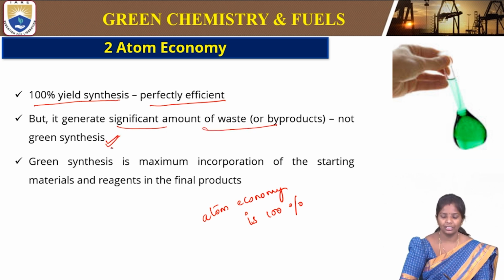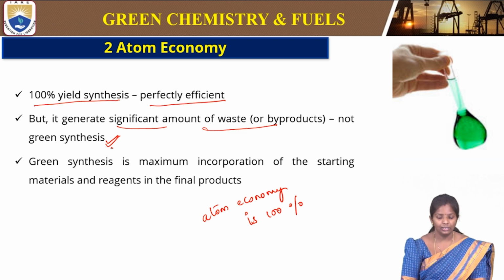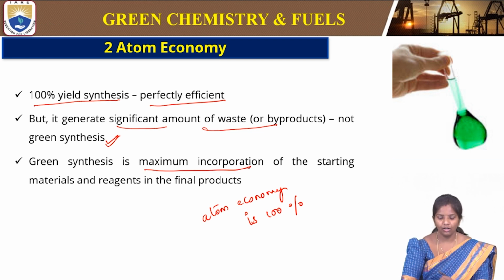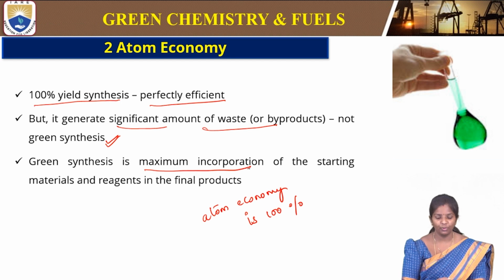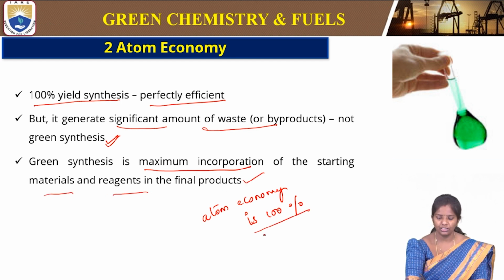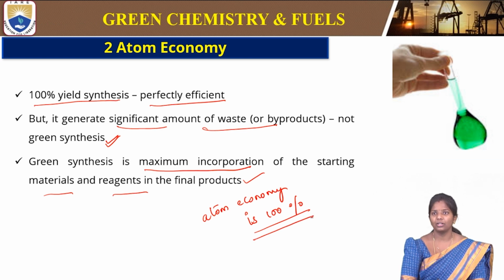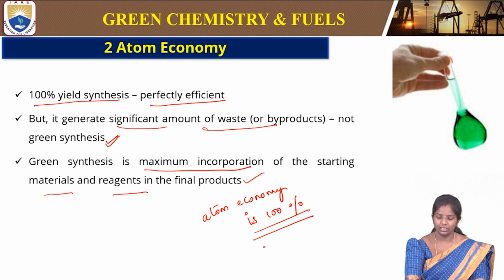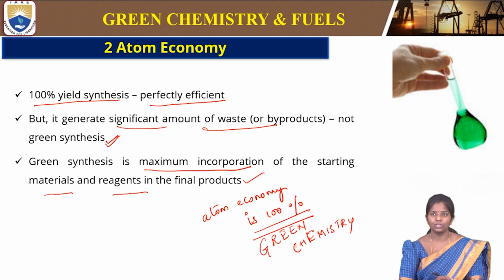Green synthesis incorporates the maximum of starting materials and reagents into final products. So a process or reaction having 100% atom economy is considered green chemistry. This is how we calculate and apply the procedures, so that we modify them and help in avoiding pollution.